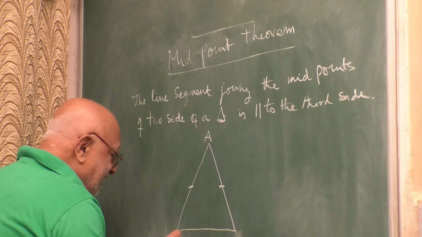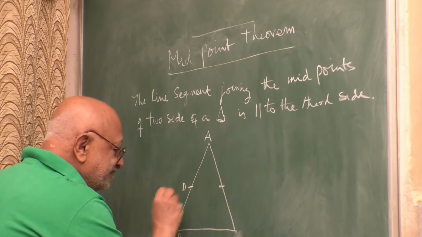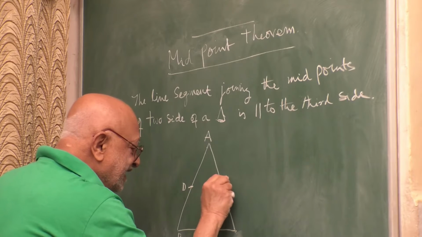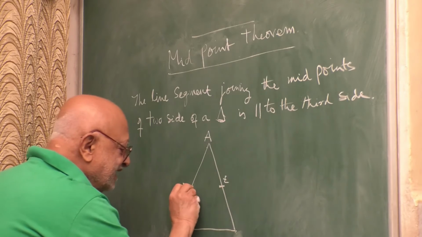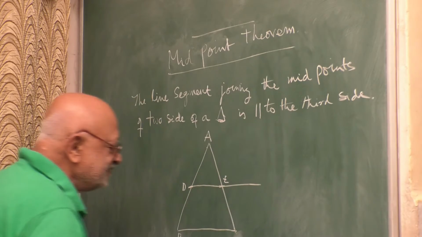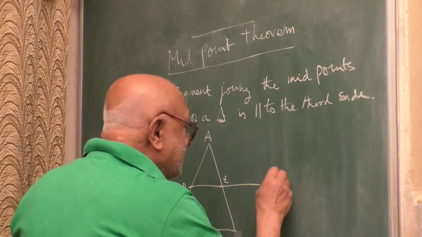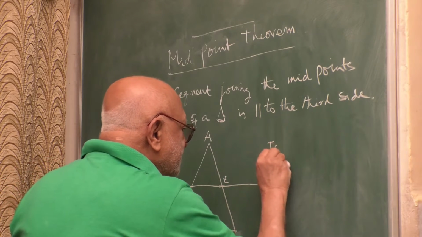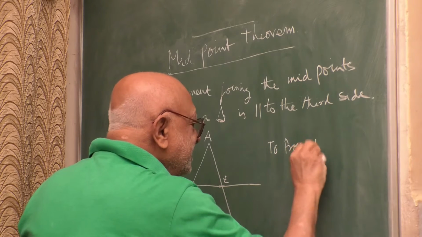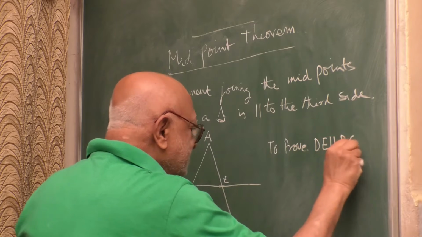I will call this one D and this would be E. If I join D and E, we have to prove DE is parallel to BC.